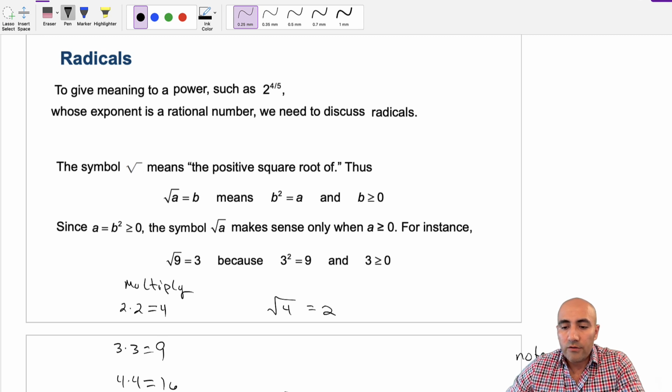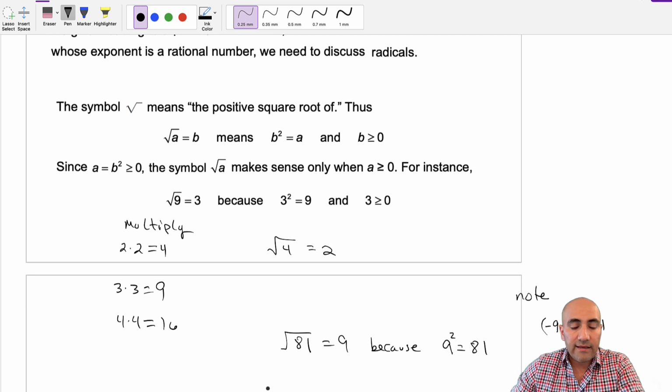So someone might ask, well, why isn't the answer to this negative 9? Well, it's not. By definition, we mean the positive root. If I wanted you to be negative 9, then we would have to put a negative on the outside, negative root 81, which would then be negative 9. Okay, so hopefully that's clear.